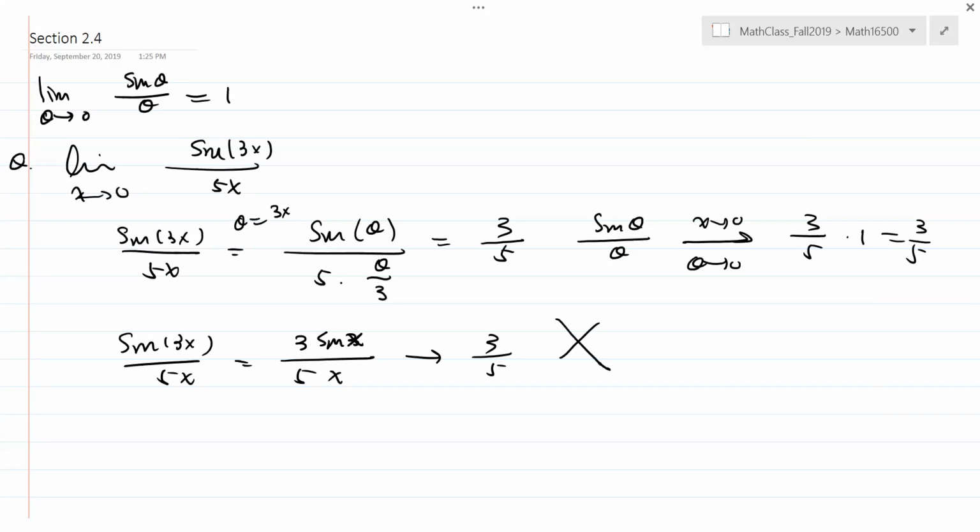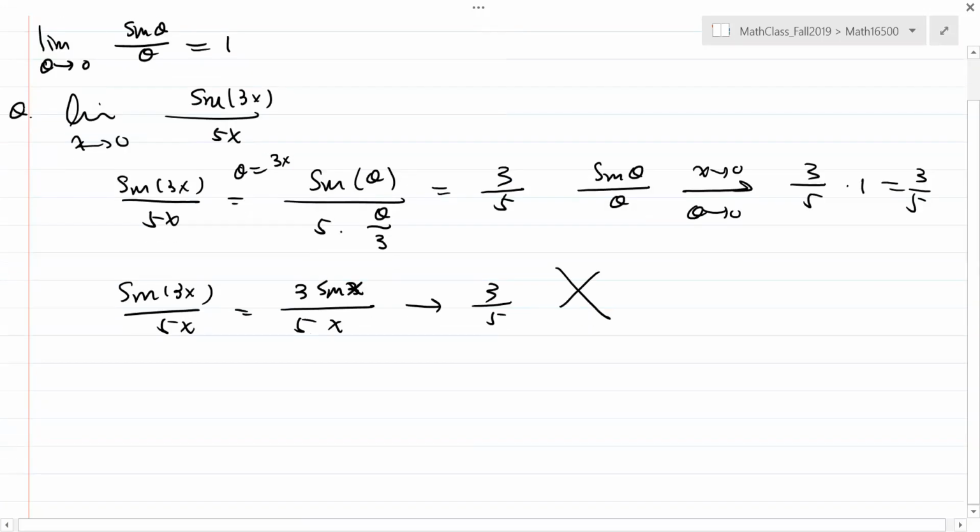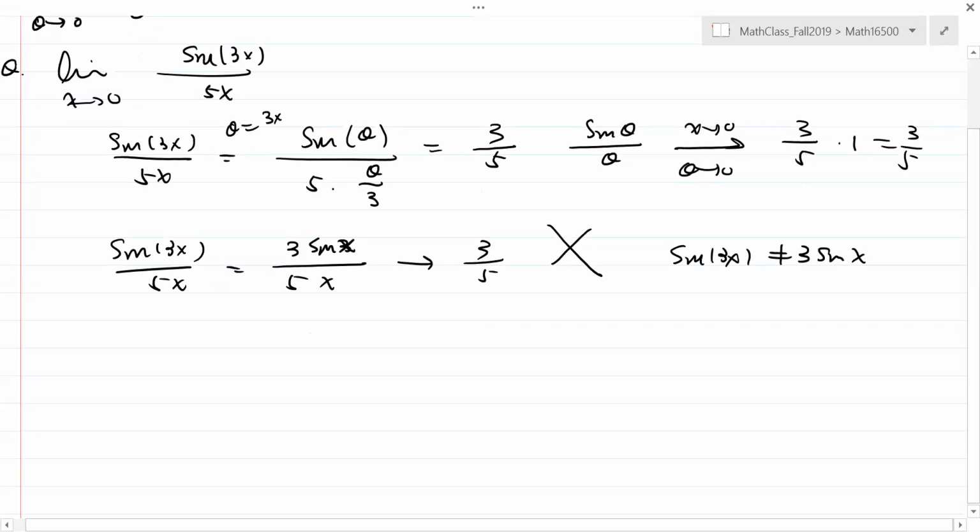It's not stupid. Why? Because sine 3x is not going to be 3 sine x. This is a conceptual mistake, okay? There are some serious mistakes. There are some just small mistakes. When you copy the function, if you copy 2x and forgot the 2, that's a small mistake.